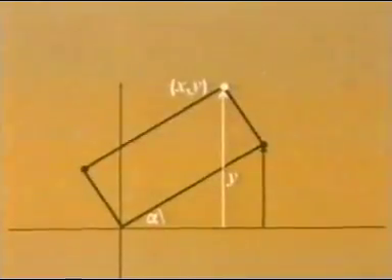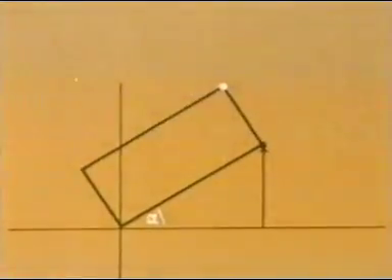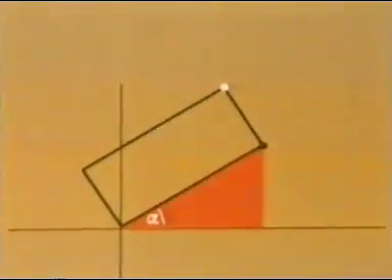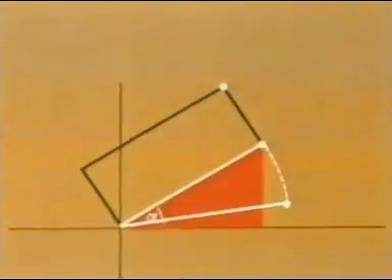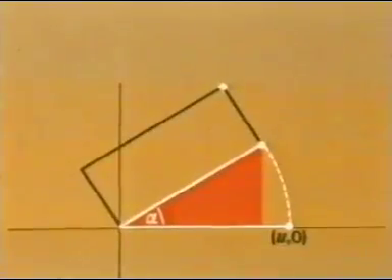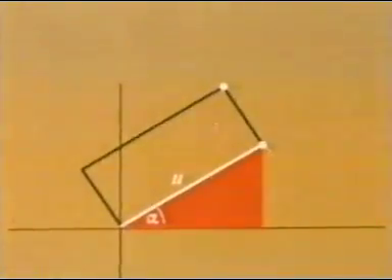This plus this. How can we find this lower distance? We can use this right-angled triangle just as we did when we rotated the special point 1, 0. The length of the hypotenuse is u, so the opposite side of the triangle is u times sine of alpha.